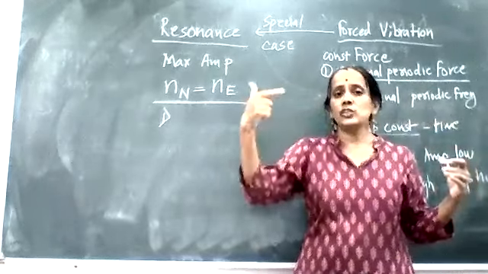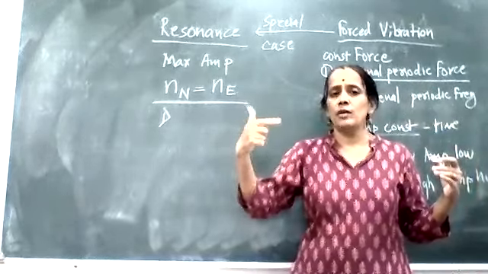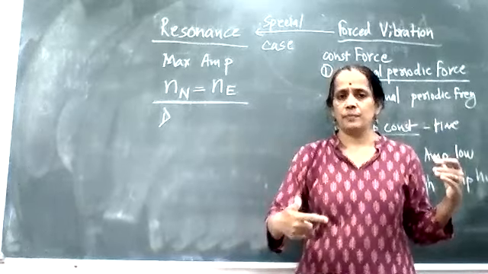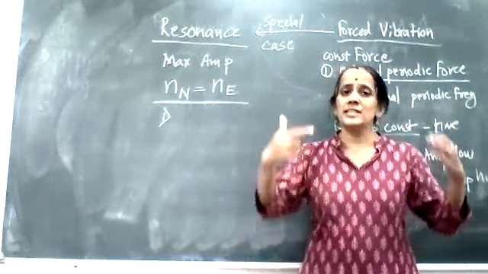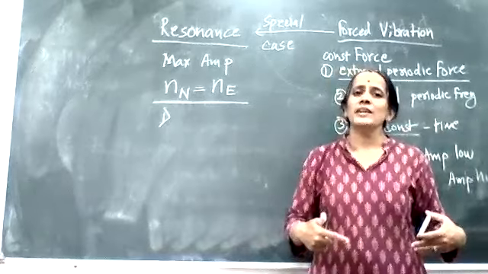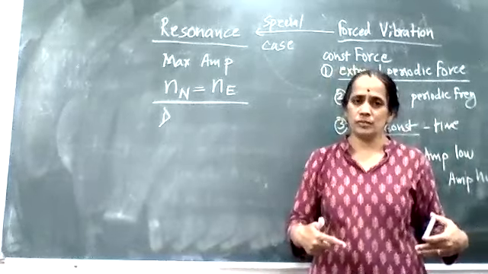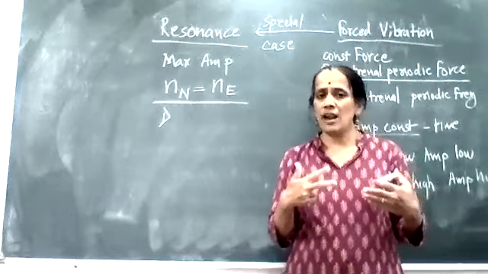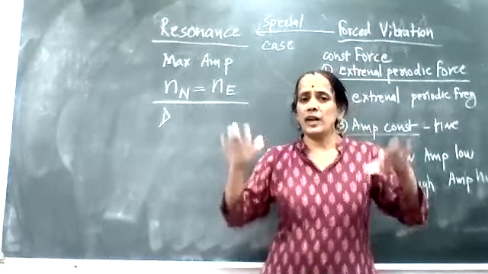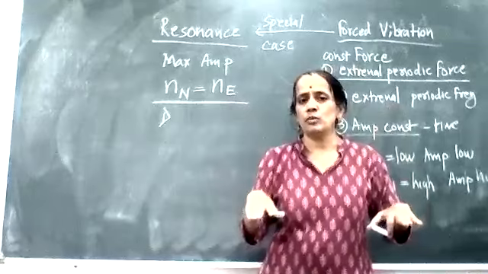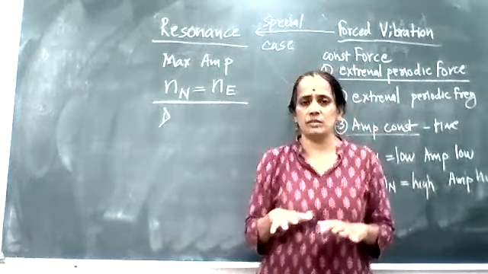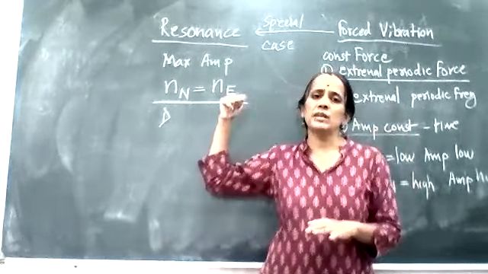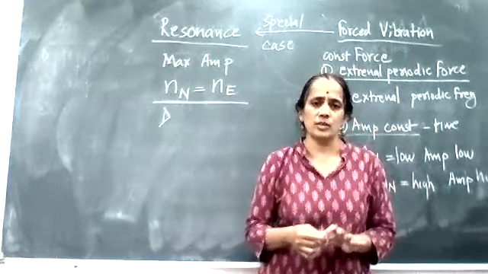The natural frequency of the foot vibrations of the people was equal to the natural frequency of that bridge. So both the frequencies became equal, the bridge vibrated with maximum amplitude, and that's why it collapsed. That is a disadvantage of resonance.